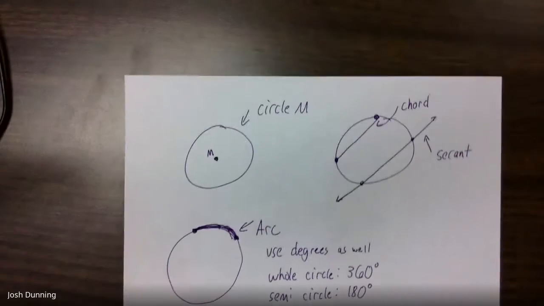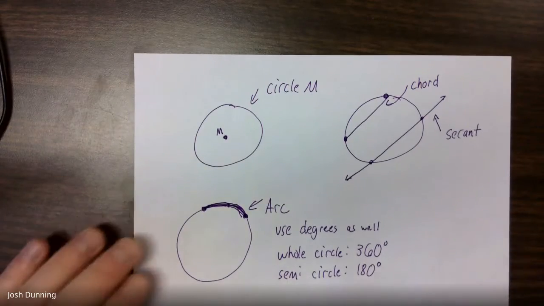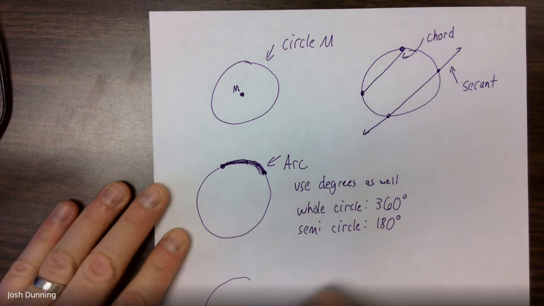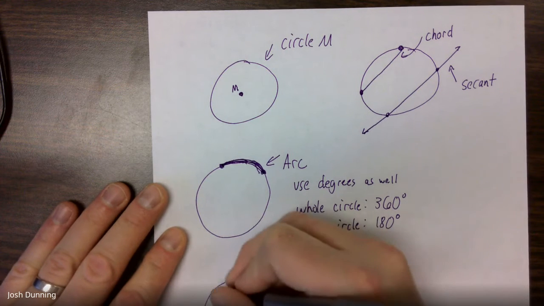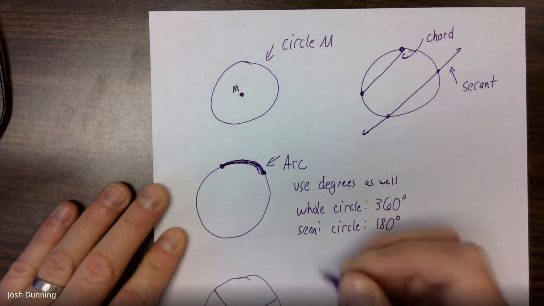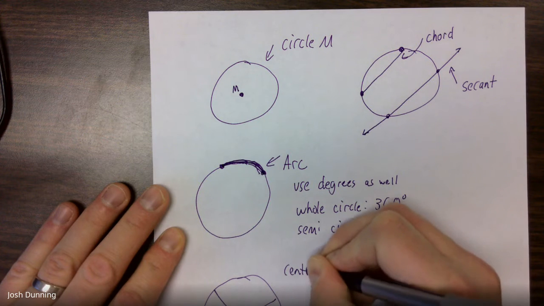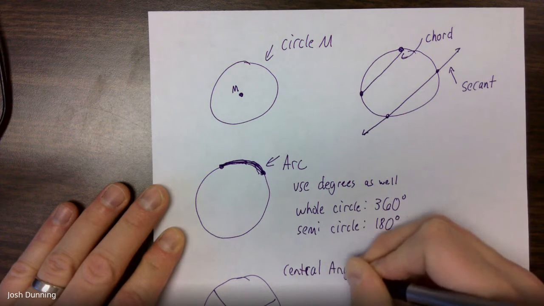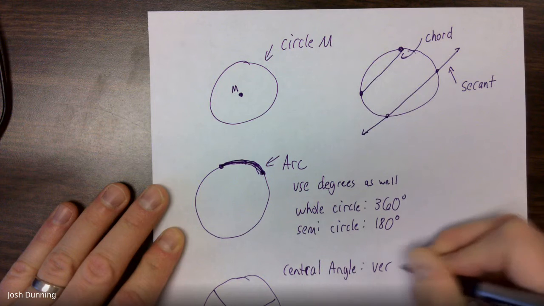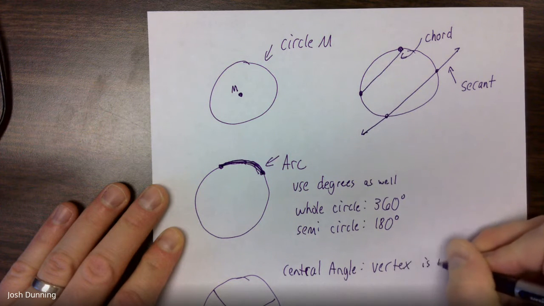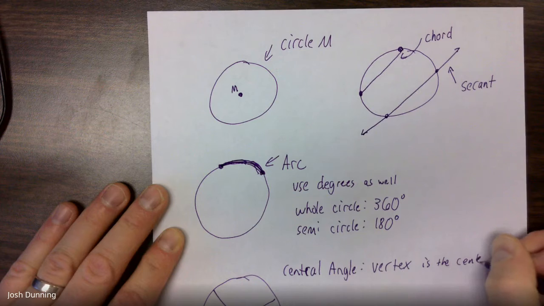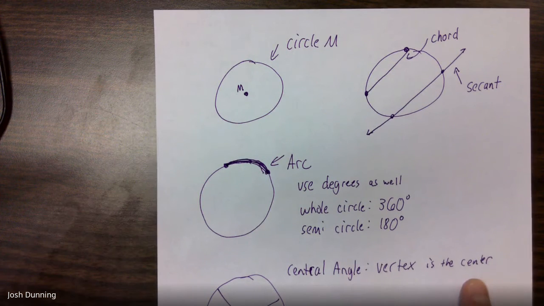So this gives us some relationships we're going to look at for the circles. First one is called the central angle. The vertex is the center of the circle. Makes sense? Central angle, vertex is the center.